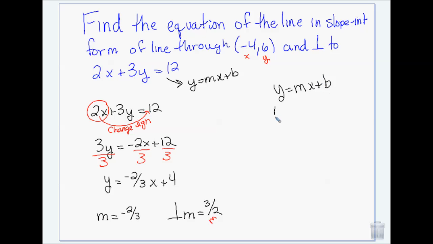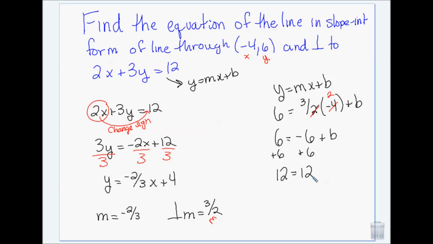So I plug in my x, my y, my m. Well, 2 goes into -4 2 times. And then 3 times -2 is -6. I'm going to add 6 to both sides. And b is 12.